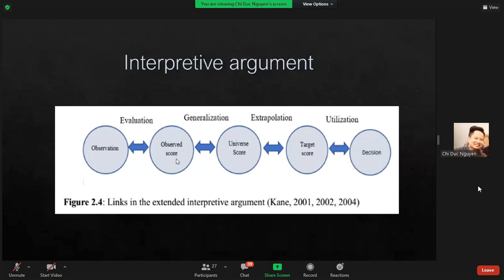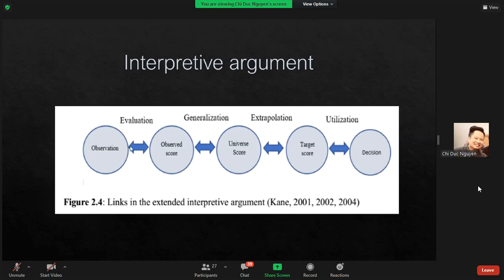So here is the model in which we try to spell out the different assumptions underlying the 1, 2, 3, and 4 arguments. Evaluation, generalization, extrapolation, and utilization are the 4 main arguments that we need to make to go from the test score to the decision.